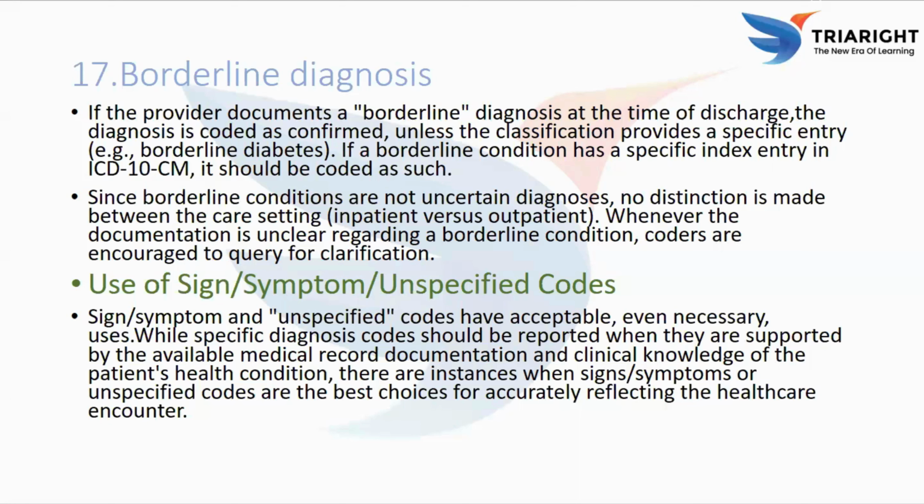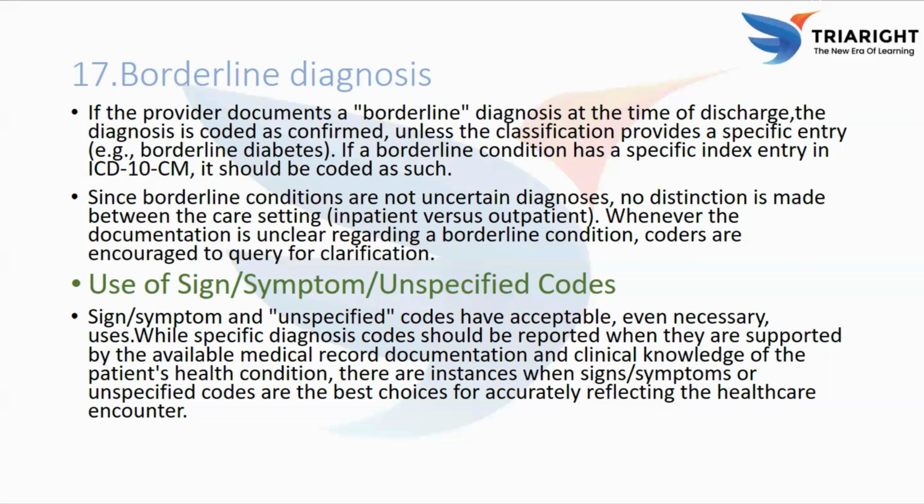So how do you use the sign, symptom and unspecified codes? Sometimes a provider may not have enough information to give a specific diagnosis. In such cases, it's okay, and even necessary, to use the sign, symptom codes and unspecified codes. Whenever the exact cause isn't known, you code unspecified.